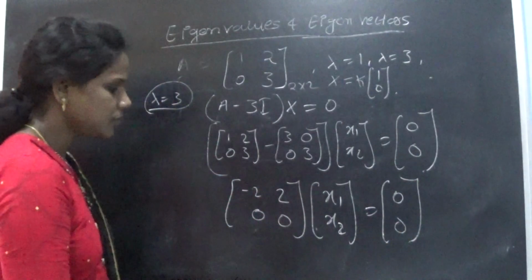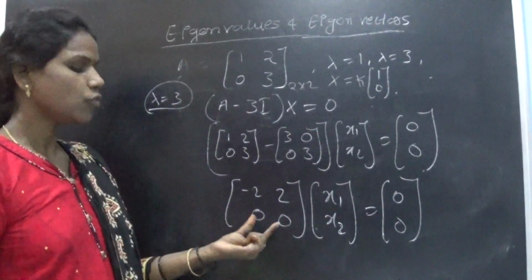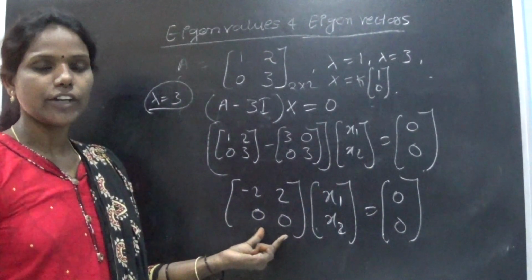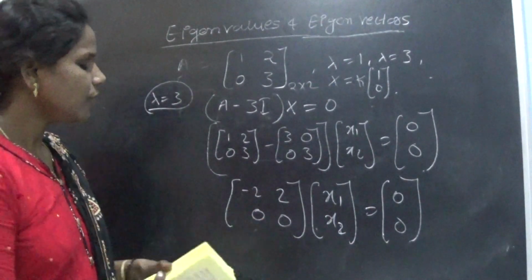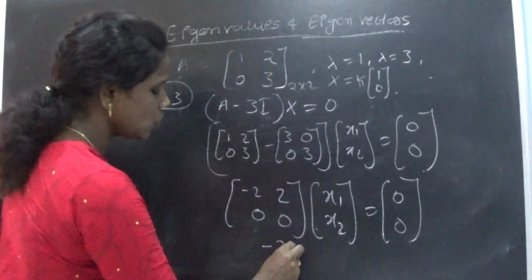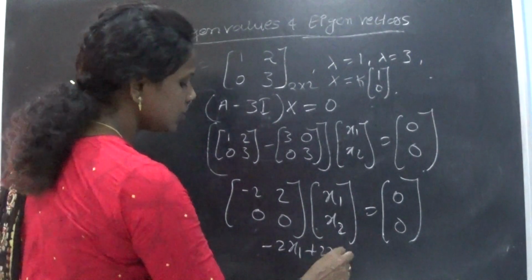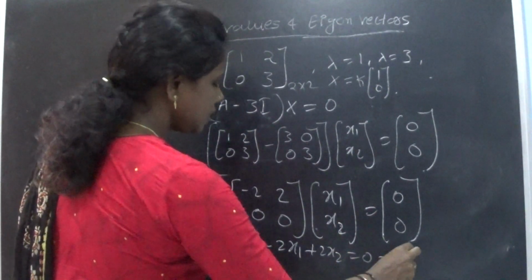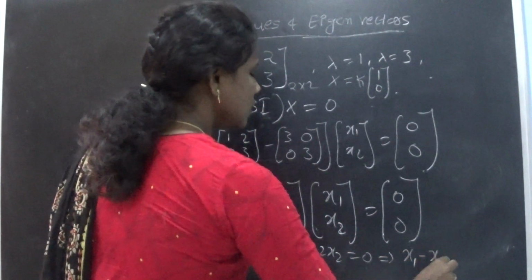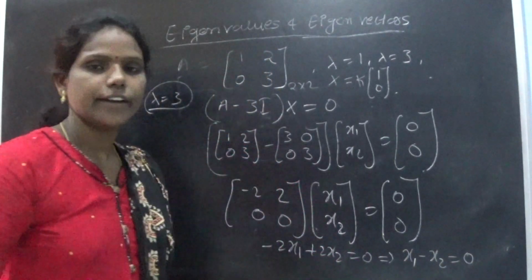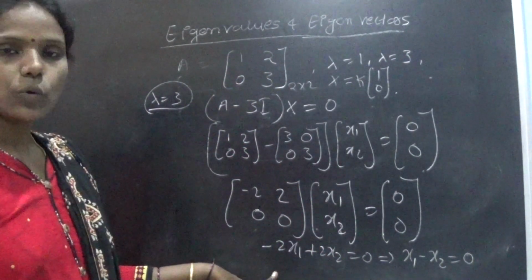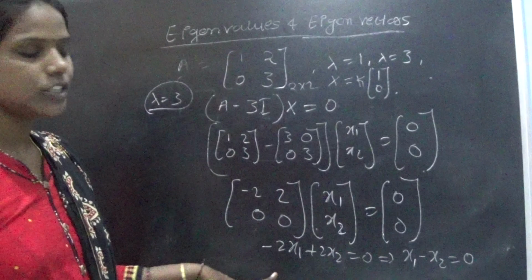So here also the same situation: we got a 1, 0 row, so according to that, the rank of A is 1. Now if you write the equations here, minus 2x1 plus 2x2 equals 0. In this case, we can't get the values directly, so we can choose any one variable as constant k.